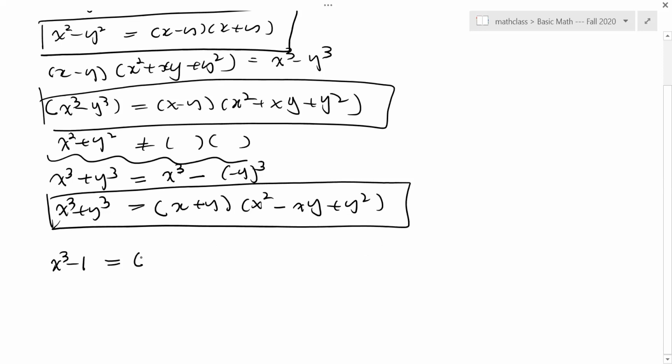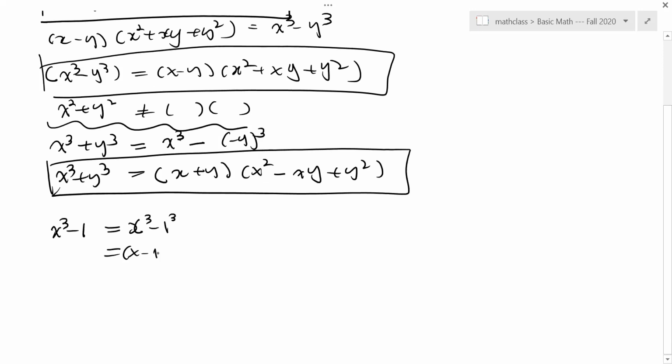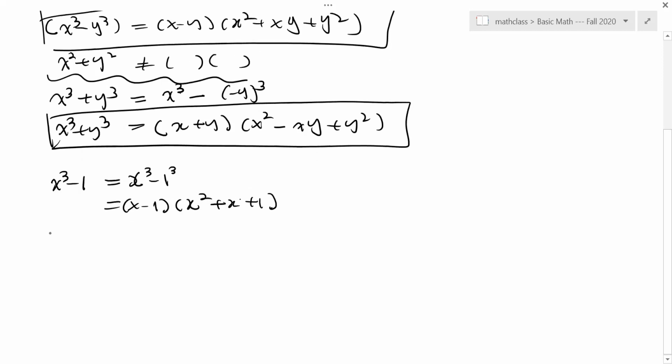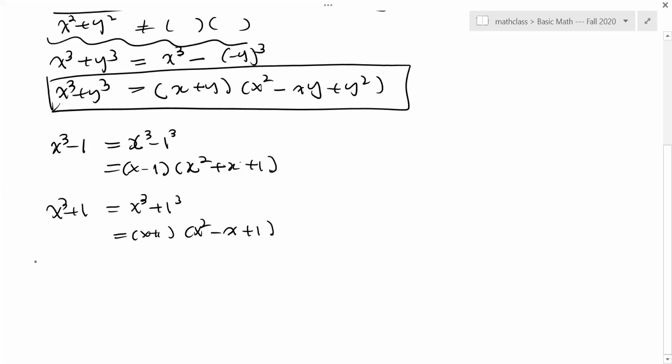This is going to be x cubed minus 1 cubed, so that is going to be x minus 1 times x squared plus x plus 1. And x cubed plus 1 would be x cubed plus 1 cubed, then that would be x plus 1 times x squared minus x plus 1, just letting y be 1.